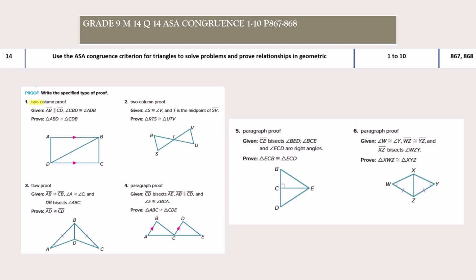So we already know that we can either do a flow proof or a two-column proof. Most important in doing any proof is to always write down what is given. That will award you marks. And the next point that will award you marks is when you write the final statement, what you are proving.